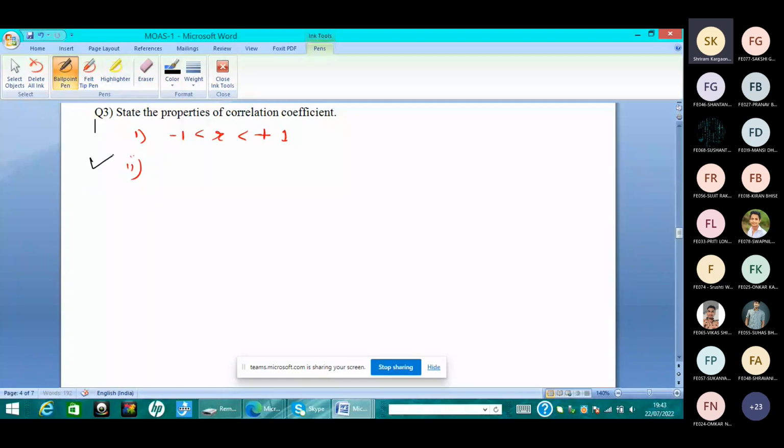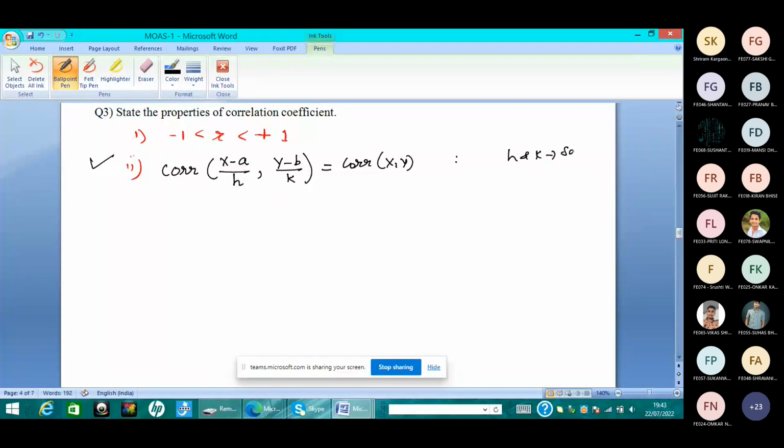Now correlation coefficient does not change in magnitude under the change of origin and scale. Now I'm writing a statement. You try to understand it. Otherwise, I will explain it with the help of an example. So suppose the correlation between (x minus a) upon h and (y minus b) upon k, this will be the correlation between x and y, if h and k have the same sign.